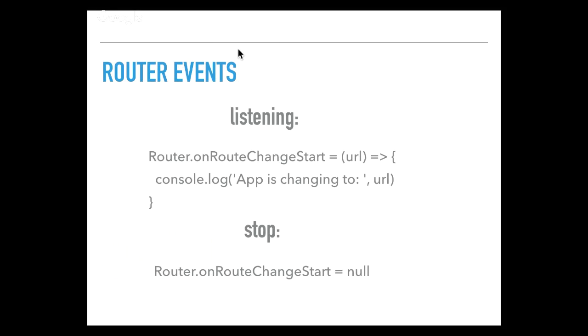And you can start listening to it, and you can stop listening by just assigning it to null. This router is also shipped with Next. You just import it as Router, import from next/router, I think like this.